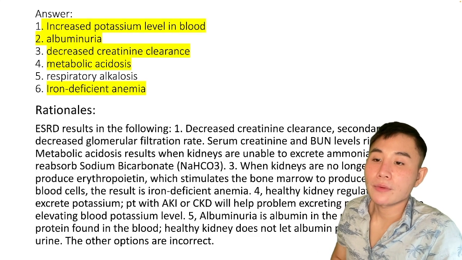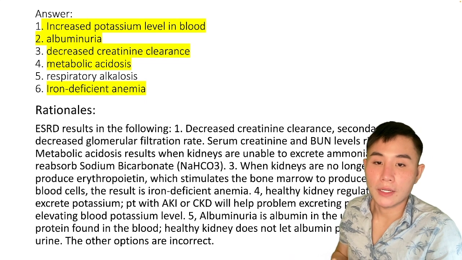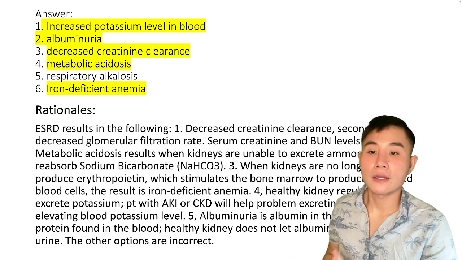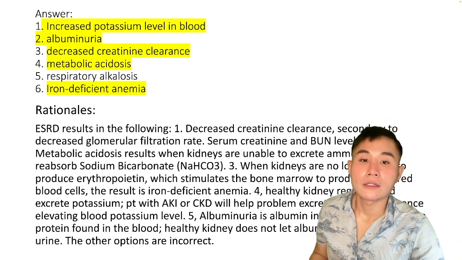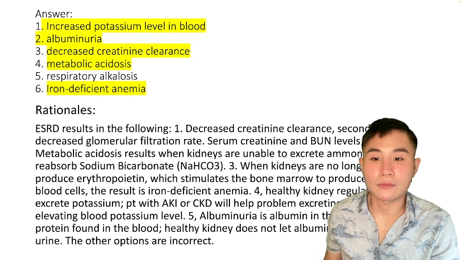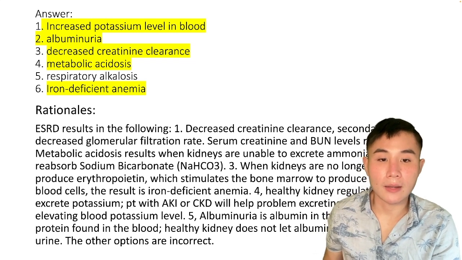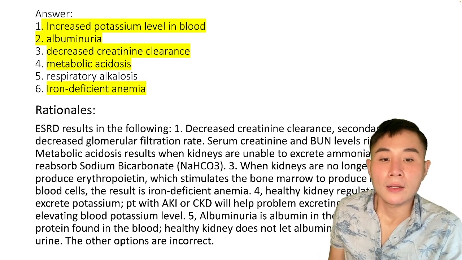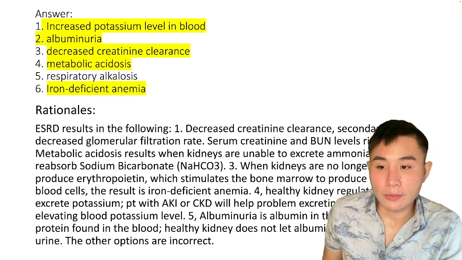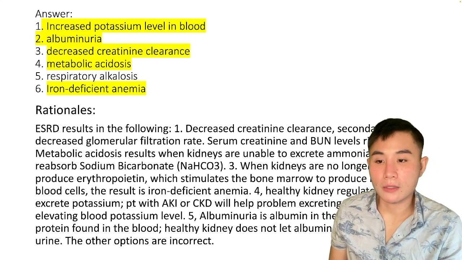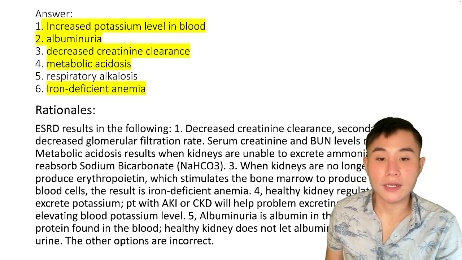Okay, end-stage renal disease results in the following: decreased creatinine clearance secondary to decreased glomerular filtration rate (GFR), and serum creatinine and BUN levels rise. Metabolic acidosis results when kidneys are unable to excrete ammonia and reabsorb sodium bicarbonate. When kidneys are no longer able to produce erythropoietin, which stimulates the bone marrow to produce more red blood cells, the result is anemia.